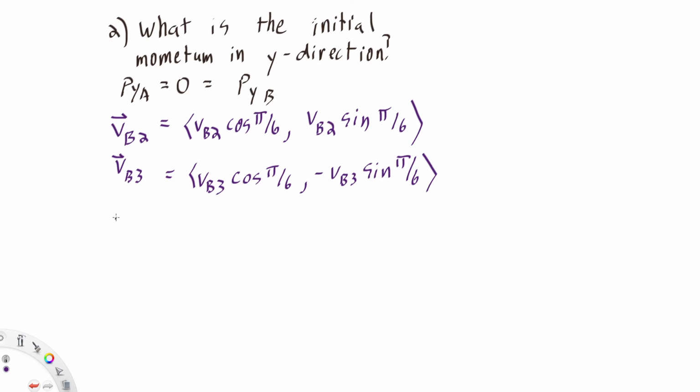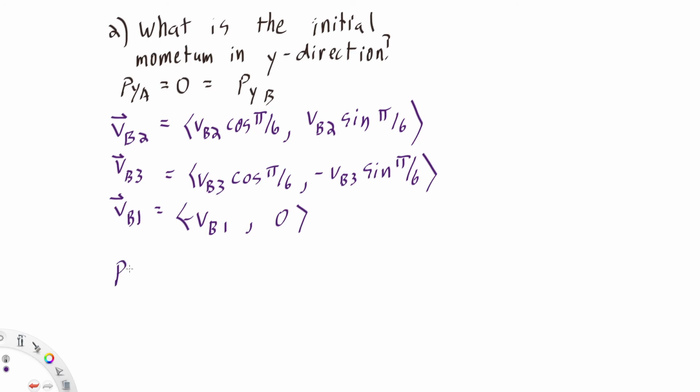And I guess for completeness' sake, the first ball, we expect it's just going to bounce off to the left. It's not going to bounce in the y direction because it's struck equally above and below it, so those forces on it are going to cancel out.